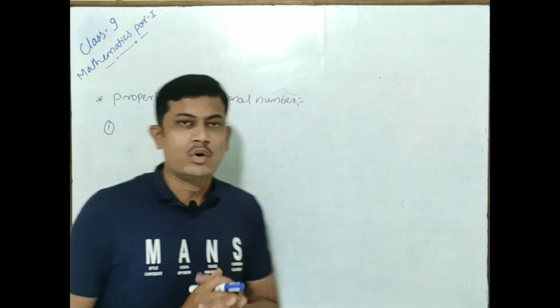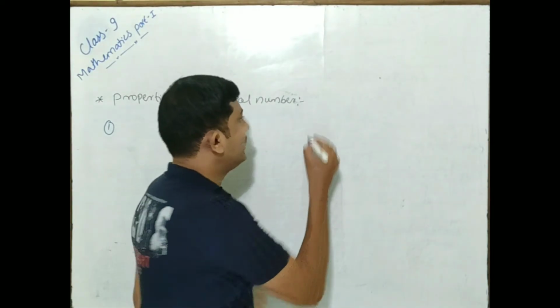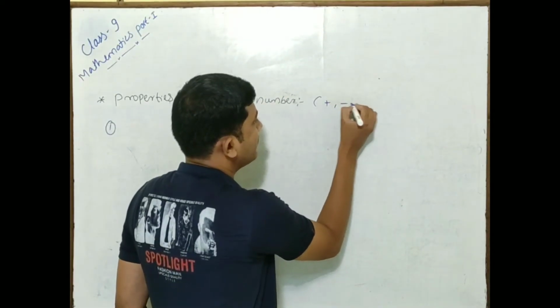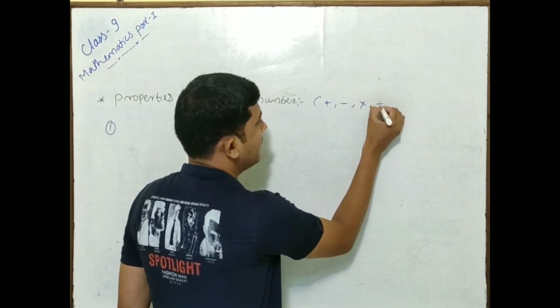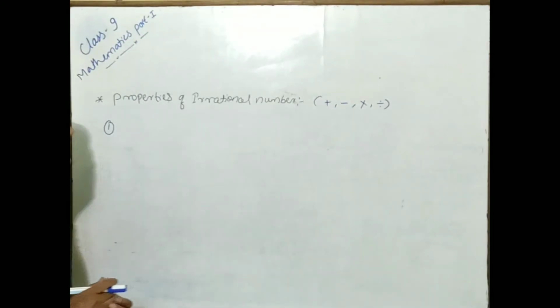These properties are based on mathematical operations. Mathematical operations in the sense of addition, subtraction, multiplication and division of two numbers. Now first of all we will see addition and subtraction.